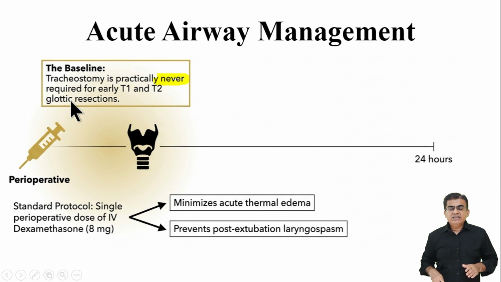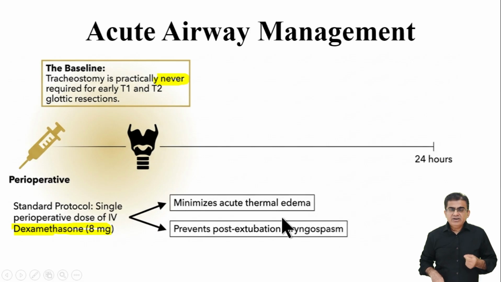Now please look at the syringe icon on the bottom left of your screen. Our standard perioperative medications protocol is very simple and effective. We give the patient a single intravenous dose of 8 mg of dexamethasone. We strictly do this for two very specific clinical reasons, shown in the boxes on the right.